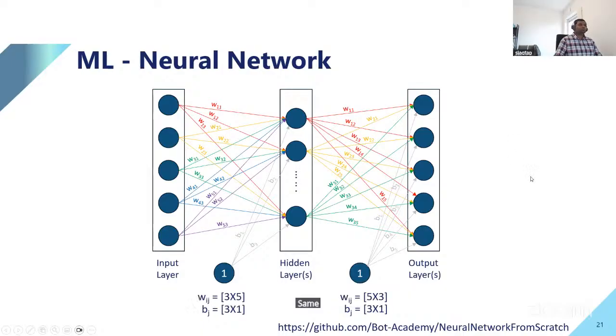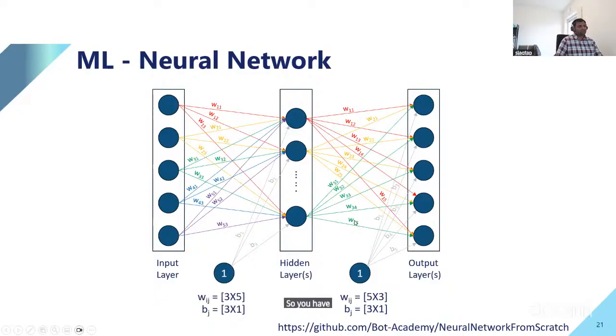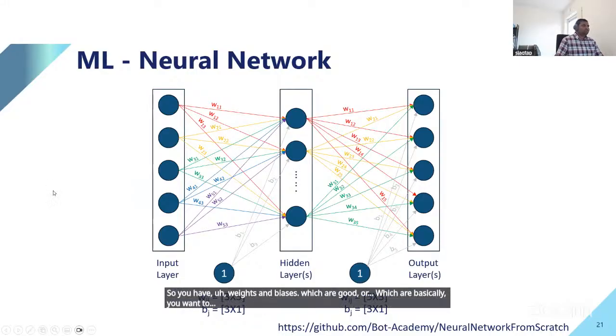So you will go up to the level where you have close to 95, 99% of images passing. That process we call training of this model. And after training, you settle on these weights. So you have weights and biases which are good.